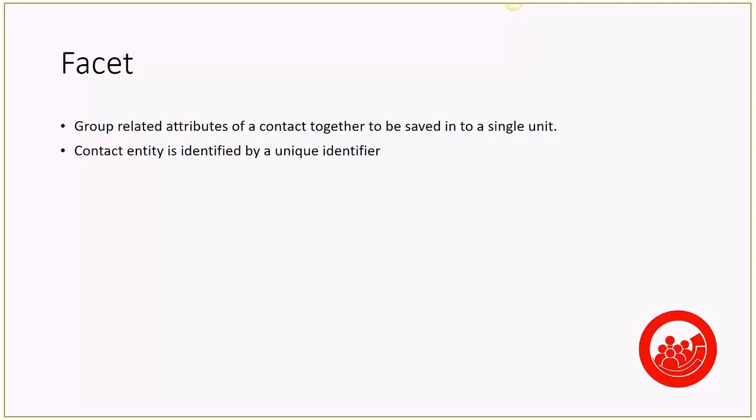Maybe you can have another facet for consents, like for form submissions and email subscriptions, to record information. So basically, when you take a user, it can have a certain set of groupings of information. So facets let us group this information, and to be saved together.